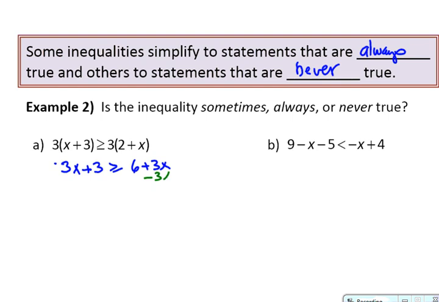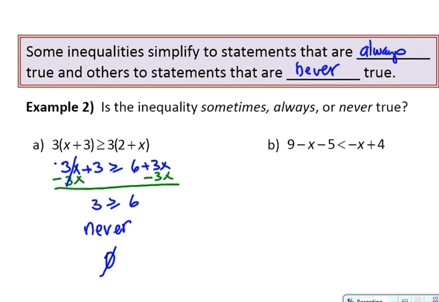So when we subtract 3x from both sides, it results in 3 is greater than or equal to 6. So I know whether that's true or false. Is the number 3 greater than 6? No, that never happens. 3 will never be greater than 6. So this is going to be a never. So the answer really is that there is no solution. So a 0 with a slash through it. Make sure you get the slash through it. So it makes it no solution.